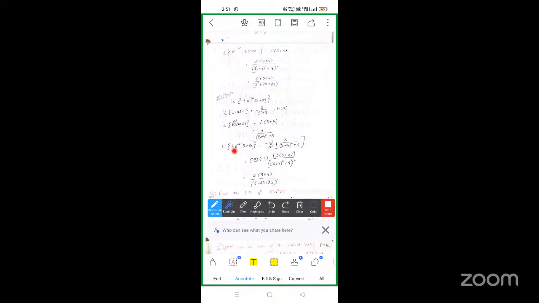So next, multiplication by t. L of t into e power minus 4t sine 3t is equal to minus d by ds of 3 by s plus 4 whole square plus 9.